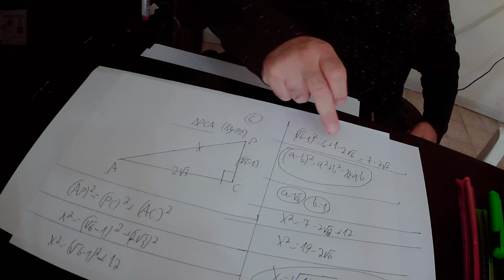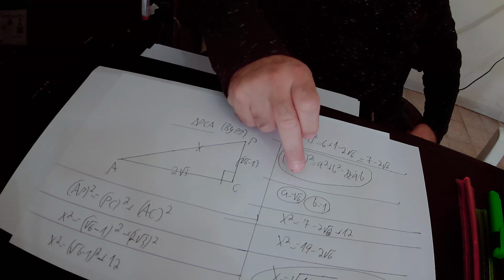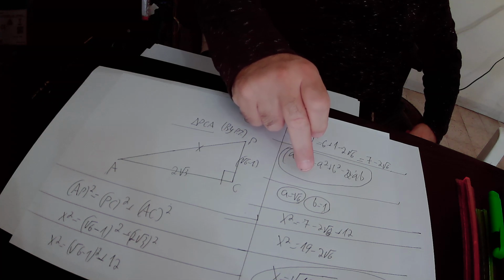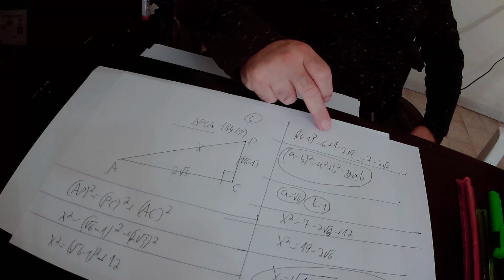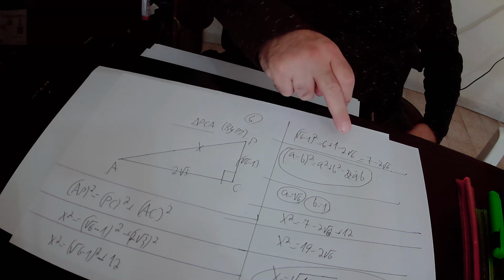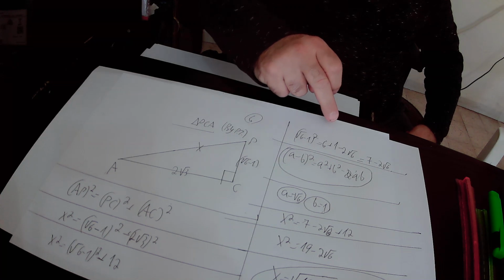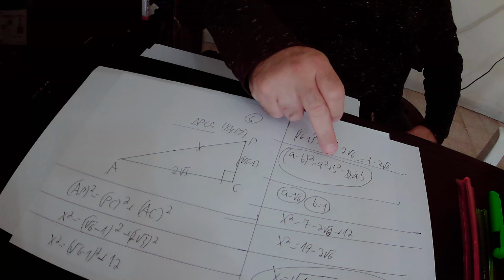According to this identity, we get a squared. A is square root of 6, therefore a squared is 6. Plus b squared. B is 1, so b squared is 1. So we have 6 plus 1 minus 2 times ab, where a is square root of 6 and b is 1.